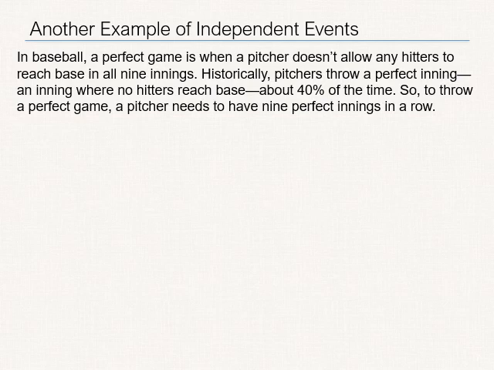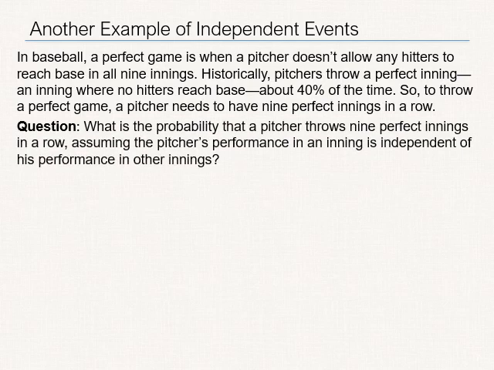To throw a perfect game, a pitcher would need to throw 9 perfect innings in a row, right? Not allow anyone for the whole game. A typical game is 9 innings. We're going to ignore the possibility that it would go into extra innings.